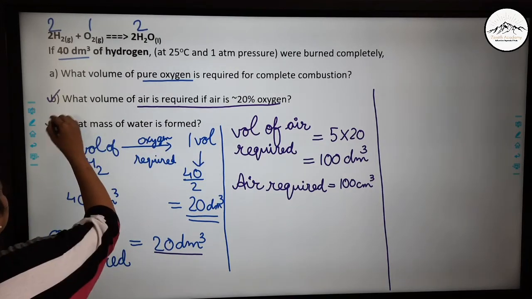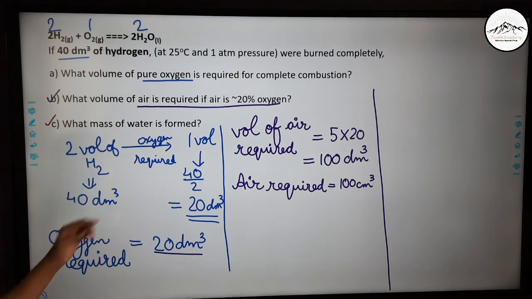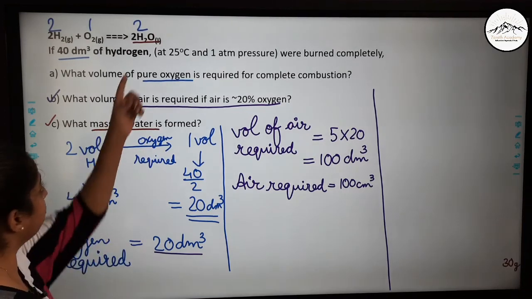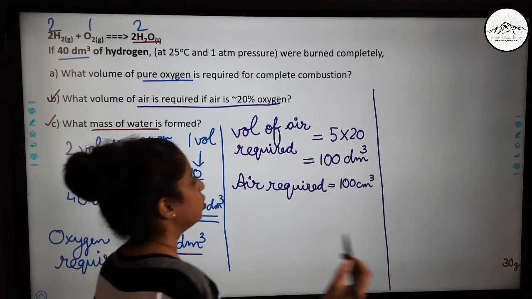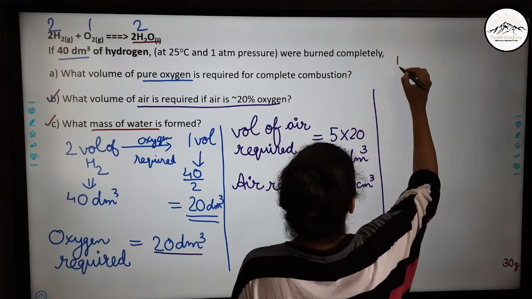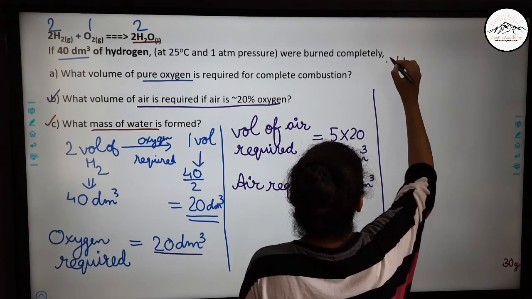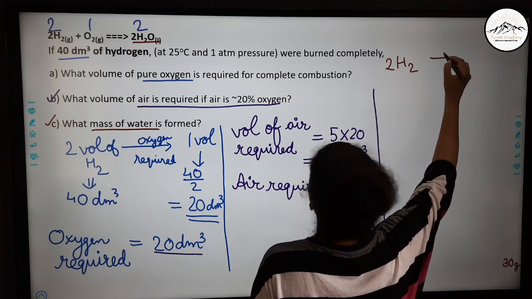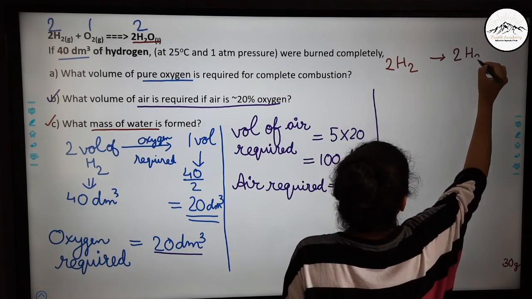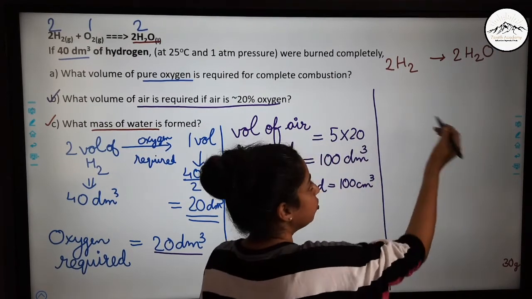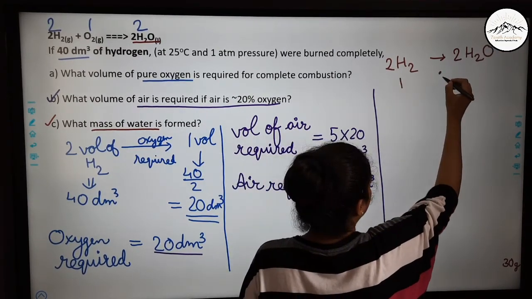Now let's see our third question. What mass of water is formed? So we want to now find about water, and we know for hydrogen. So we will relate the masses. See, 2 moles of hydrogen is giving 2 moles of water. So if I relate the volumes, 2:2 means 1:1.